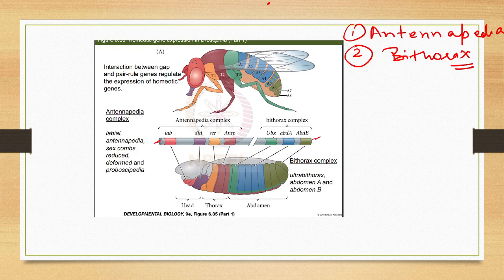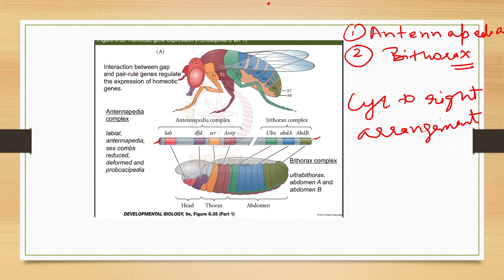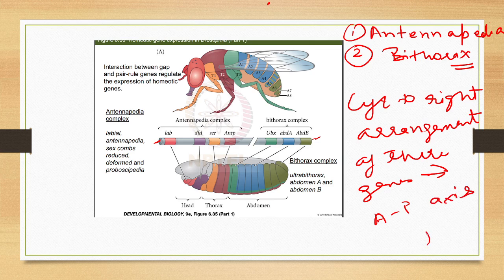The left to right arrangement of these genes corresponds to the anterior to posterior axis formation.